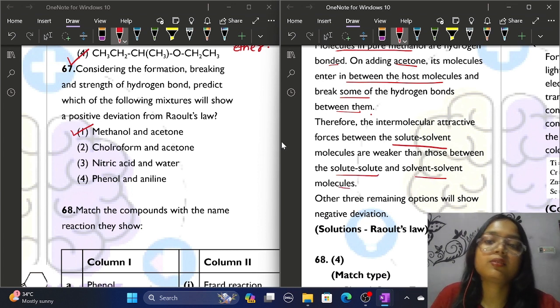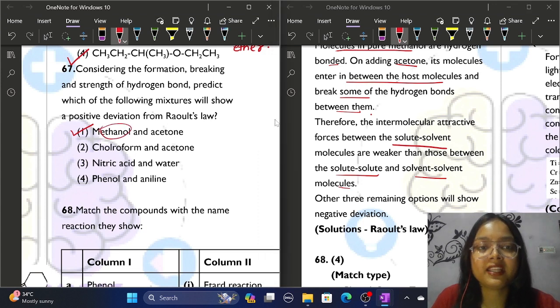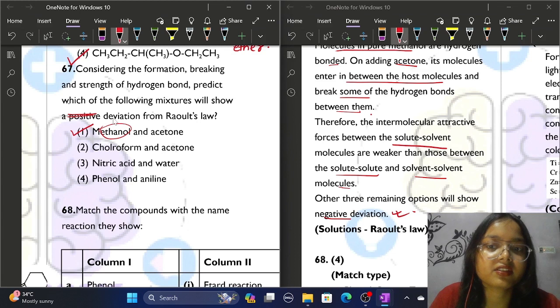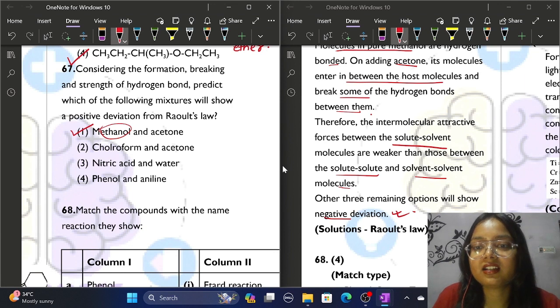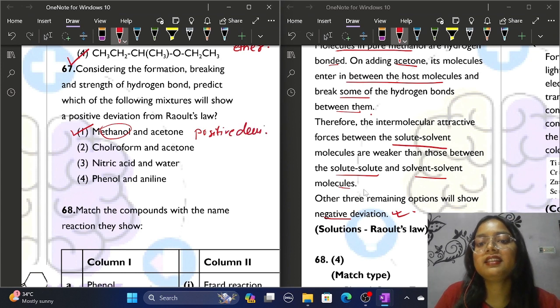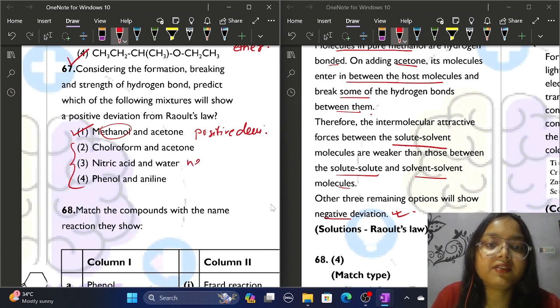On adding acetone, the hydrogen bonds between the methanol molecules will break, so it will show a positive deviation from Raoult's law, and the other three will show a negative deviation in Raoult's law.